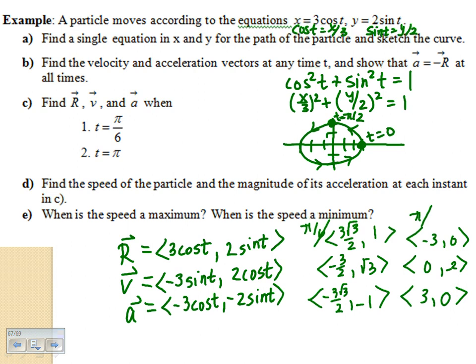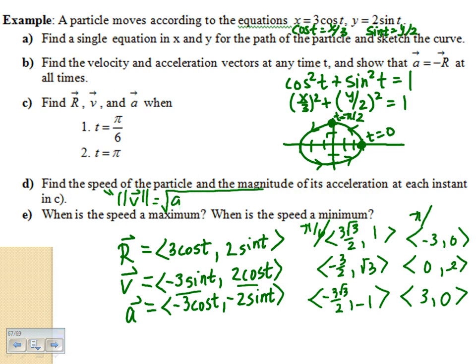Alright, did everybody get C okay? Anyway, now we want to find the speed and the magnitude of its acceleration at each instance in C. Well, speed in general is the magnitude of the velocity vector, which would be the square root of this first component squared plus that component squared.